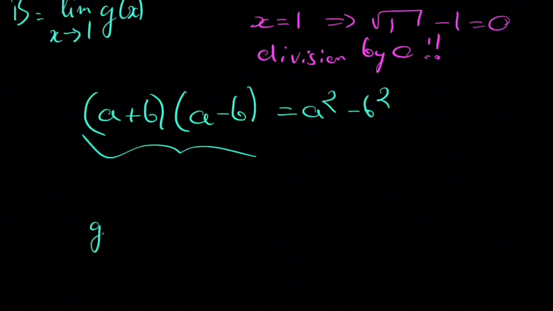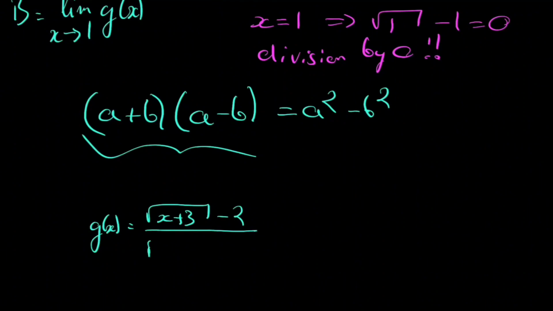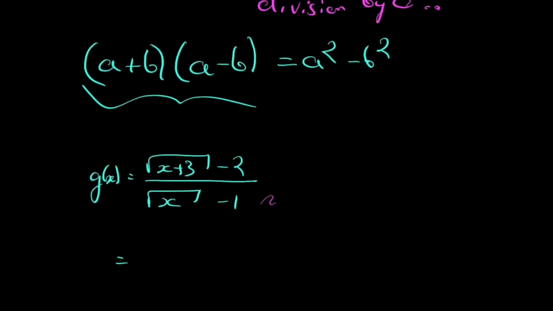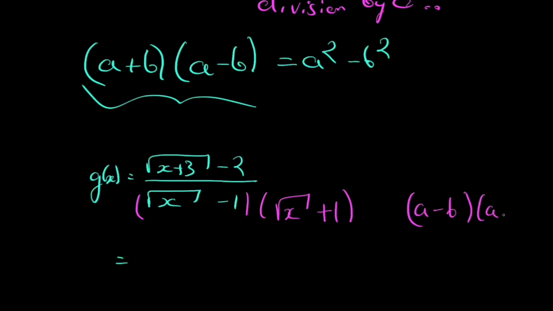We're going to write g of x equal to square root of x plus 3 minus 2 over square root of x minus 1. Let's multiply by square root of x plus 1, so we've got a minus b times a plus b. Let's do it at the top and at the bottom.